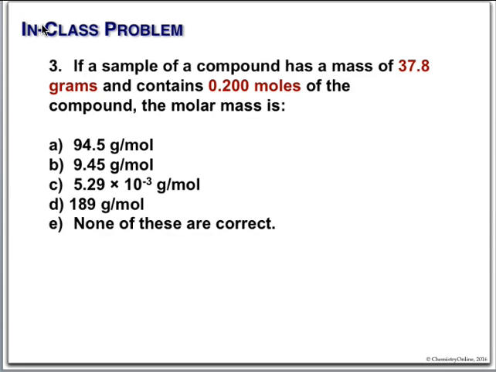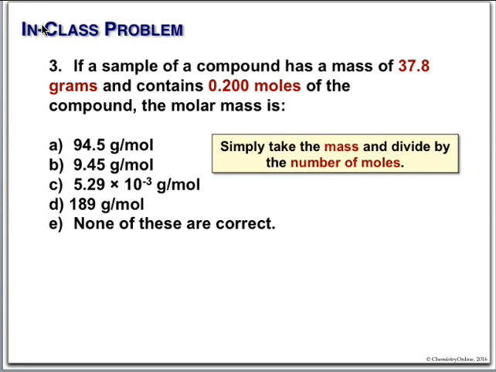All right, here we have a mass of 37.8, and we have 0.2 moles of the compound. What is the molar mass? Well, think to yourself, what is the definition of molar mass? It's grams per mole, isn't it? Here we have grams, and we have moles. To get grams per mole, we simply have to divide them.